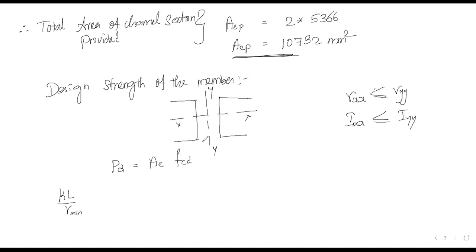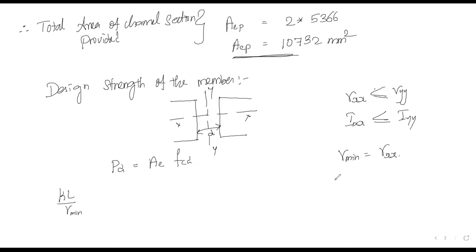This is because of the spacing between the two members. Automatically the moment of inertia about the YY axis is going to increase because of that spacing. That's why we consider R minimum equal to RXX.